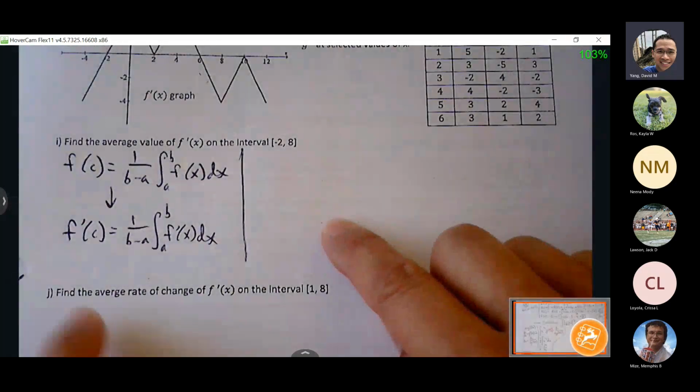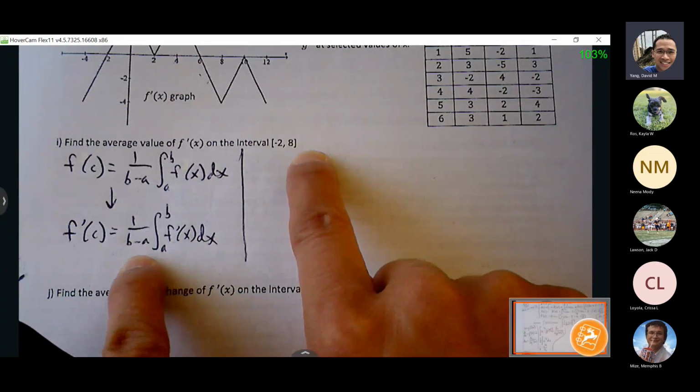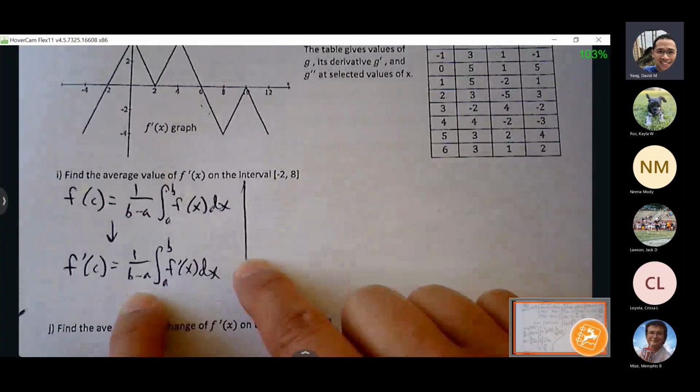Okay, so really I'm just replacing every a and b with -2 and 8, and then just finding the area under my f prime graph.